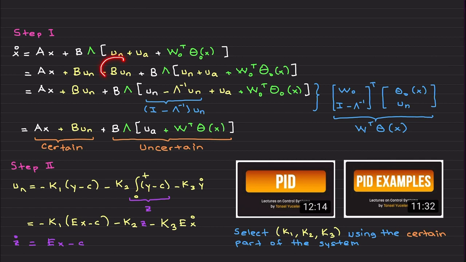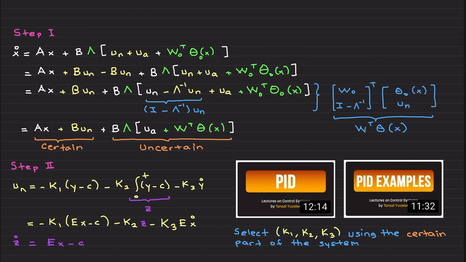Then I am going to send this guy inside. After that, I am going to do some grouping. I group these terms like this, and taking this term and this term together, this plus this is equivalent to this W transpose theta form.